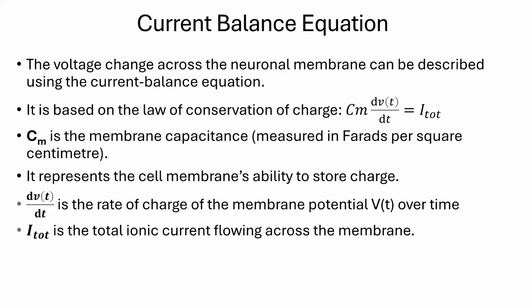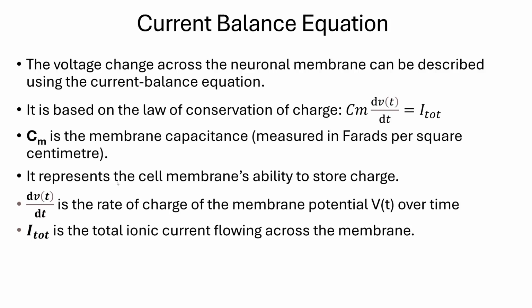So, let's see the current balance equation. The voltage change across the neuronal membrane can be described using the current balance equation. It is based on the law of conservation of charge and is described by Cm, which is the membrane capacitance measured in farads per square centimeter.